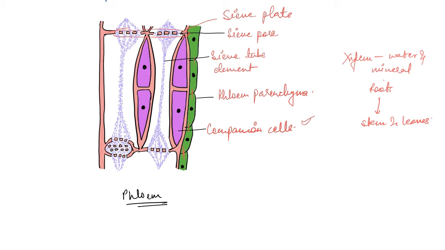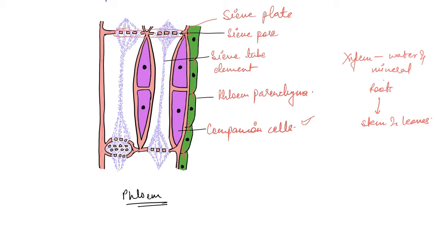Now these are elongated, unbranched, and they have pointed needle-like apices. Now the cell wall of phloem fibers is very thick, and at maturity, these fibers lose their protoplasm and they become dead, right? So you must have seen phloem fibers of jute or flax or hemp, right? These are used for commercial purposes as well.